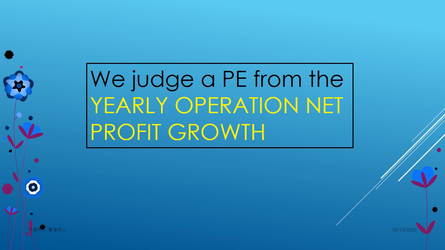Not selling a property, not earning money from stock, not from debentures or bonds. It's from their own business. And what we mean is the net profit, not the gross profit, not the profit before tax, not EBITDA. It is the net profit after tax, right? This is the official way.